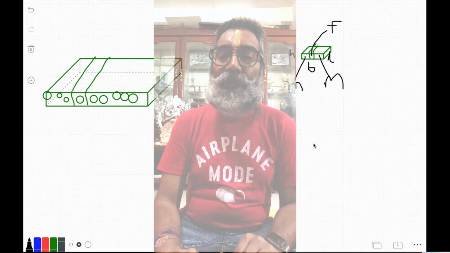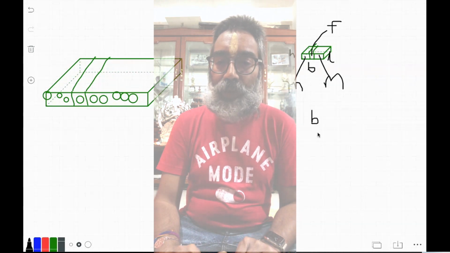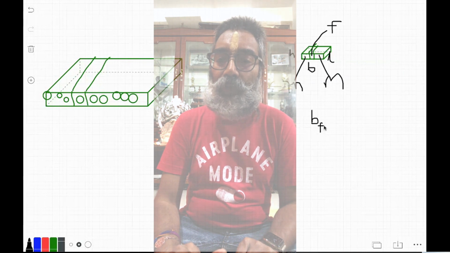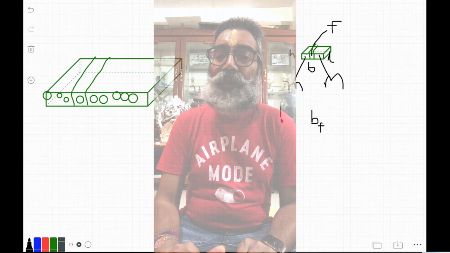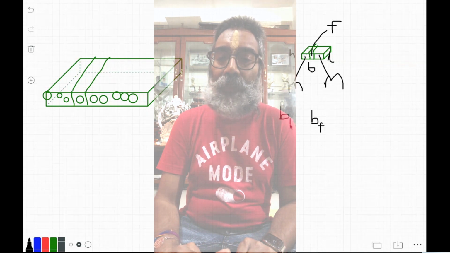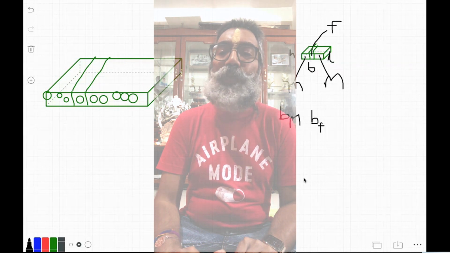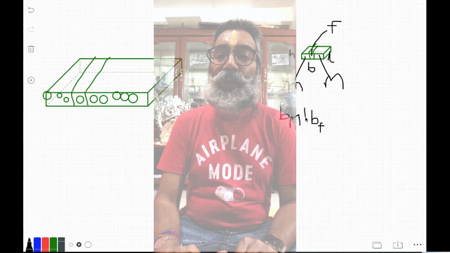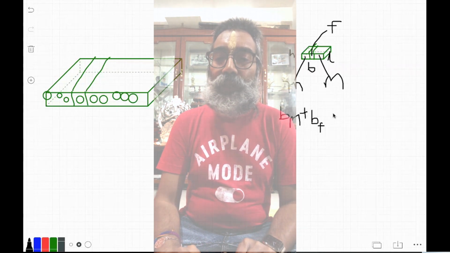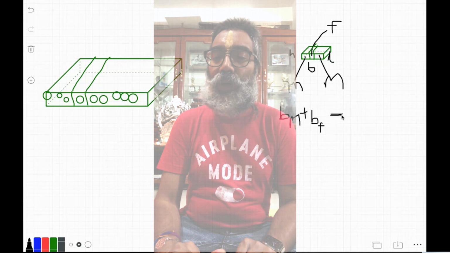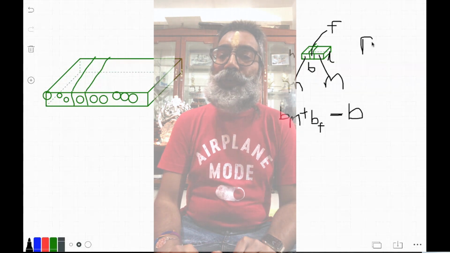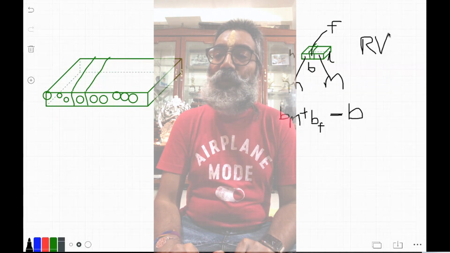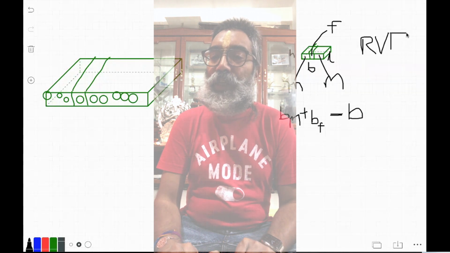One is the breadth of the fiber, BF, and then the sum of these two ends on either side of the matrix, which we will call BM, assuming it's divided into equal portions on either side, BM by 2 and BM by 2, so that the total is BM, and the sum of these is equal to the total breadth of that small element of the composite, which we will call a representative volume element, or RVE for short.